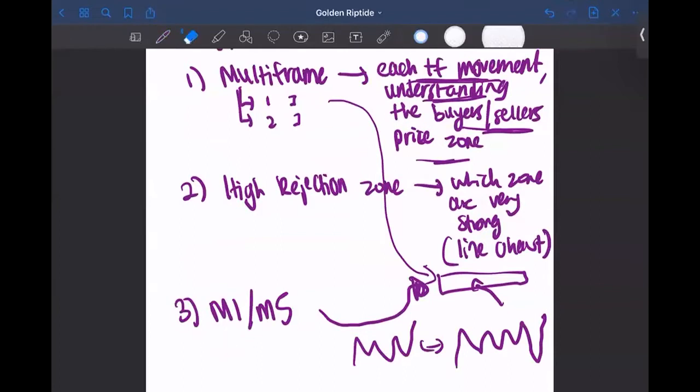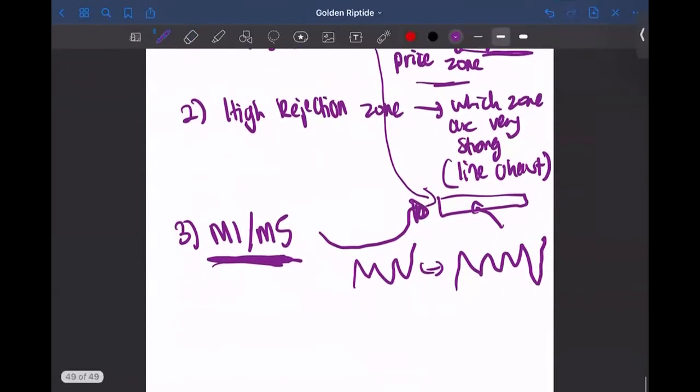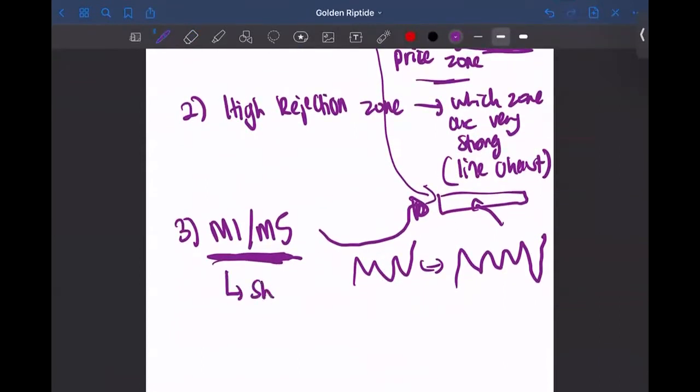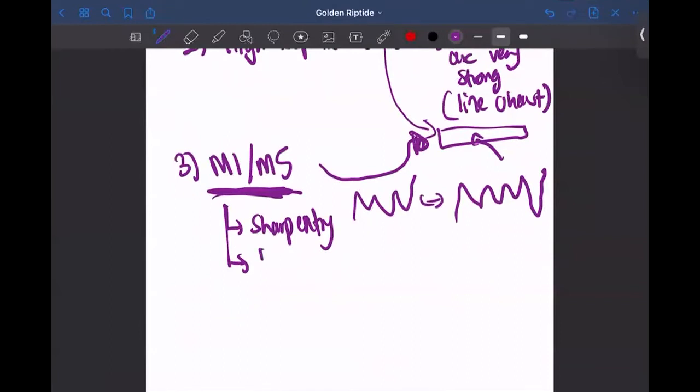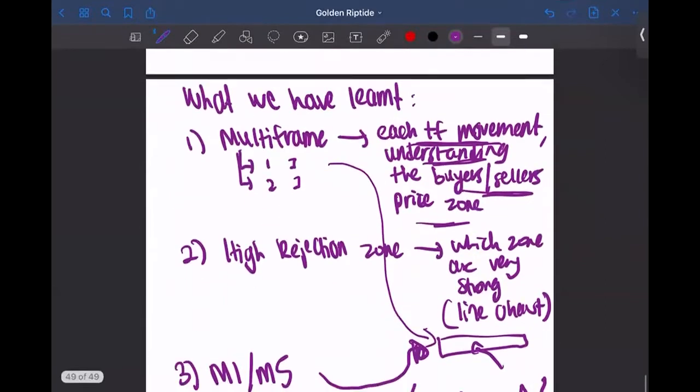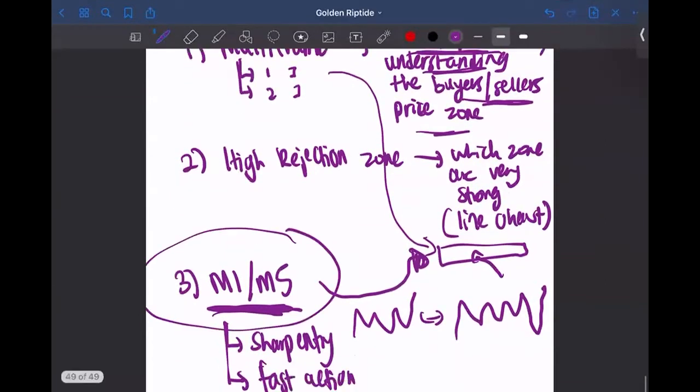We're going to understand deeper on the smaller time frame movement because we want a sharp entry and fast action entry also. Meaning after we enter, it moves straight away, so it doesn't stay long. So it means we can straight away think of putting break even after it flies or something. Okay, so that is what we're going to learn today, mostly on M1 and M5.